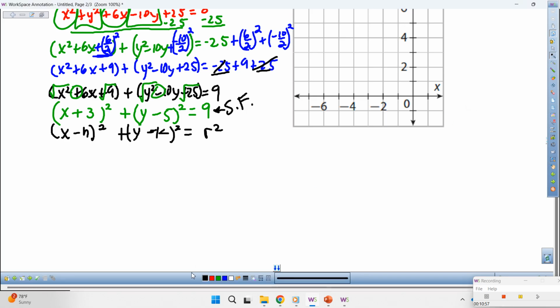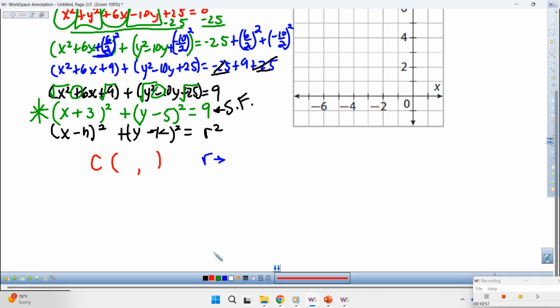All right, so now to graph it, what do we need? We need a center and we need a radius. Tell your neighbor the center and the radius. This is our equation right here. Now that you can match stuff, what's the center?